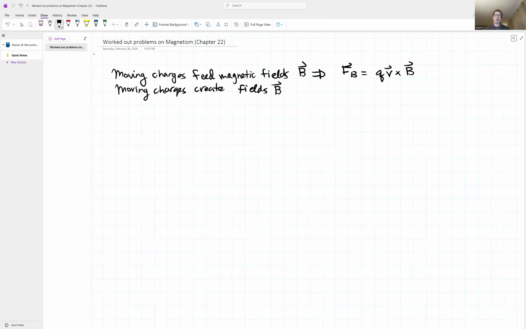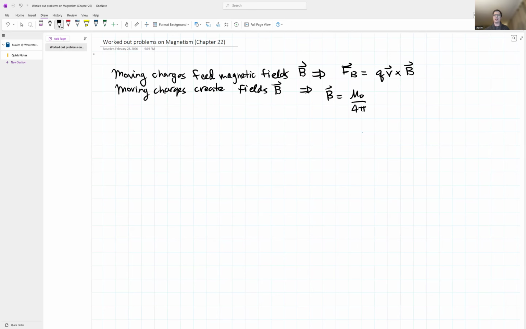And for moving charges, the important equation, there's a couple of versions of it, but it's that the B field that's created is equal to first a constant, mu zero over 4 pi.